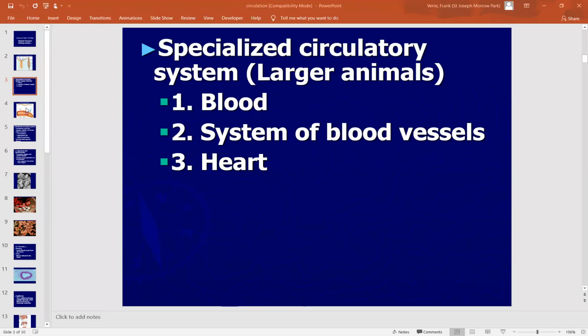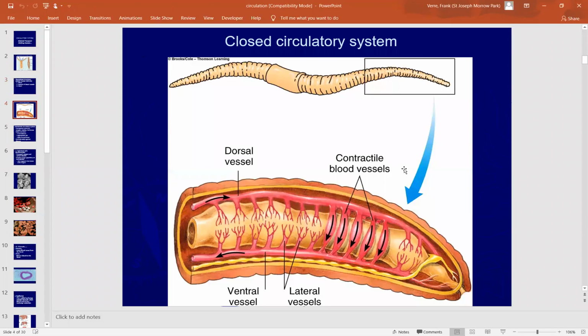So, for example, something like an earthworm, okay, you can see in this diagram the blood vessels. In the blood vessels, there would be blood, and there would be some sort of a pumping mechanism. In this case, you see these things called contractile blood vessels.